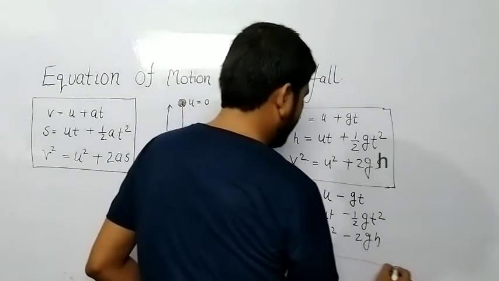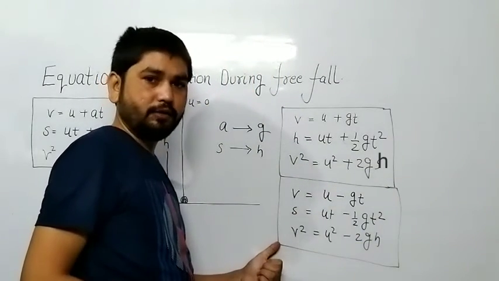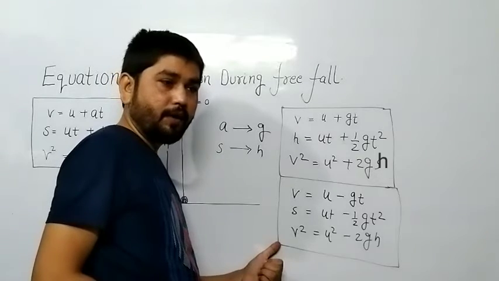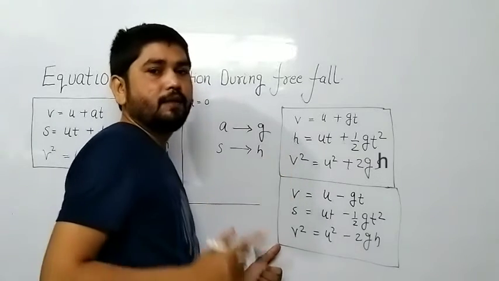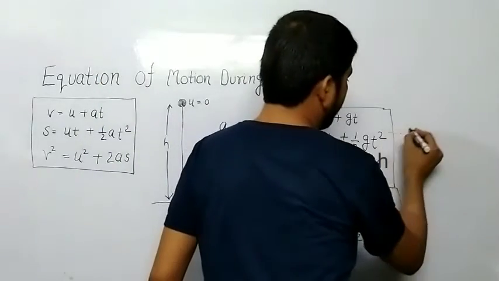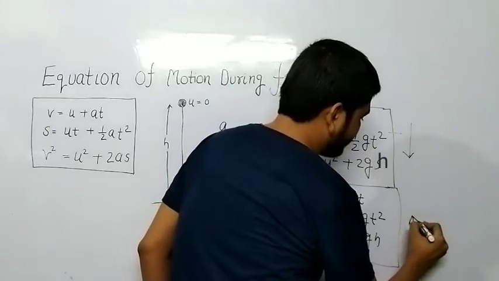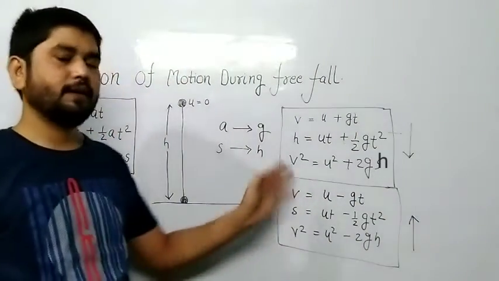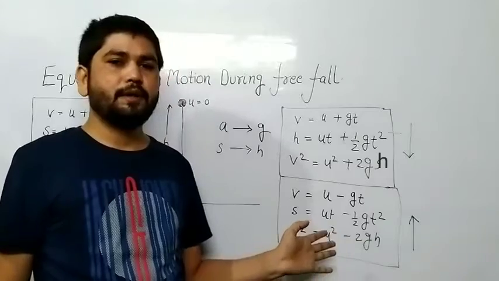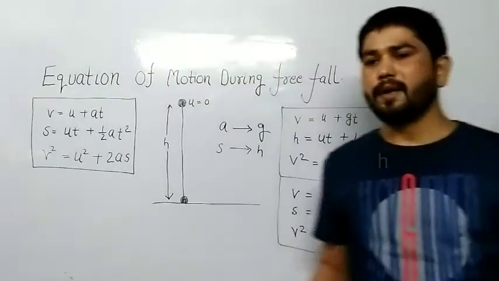These are the equations when you are throwing an object upward, and the earlier ones are the equations when the object is moving downward. So these are the equations of motion during free fall. We will use these equations in the numericals.